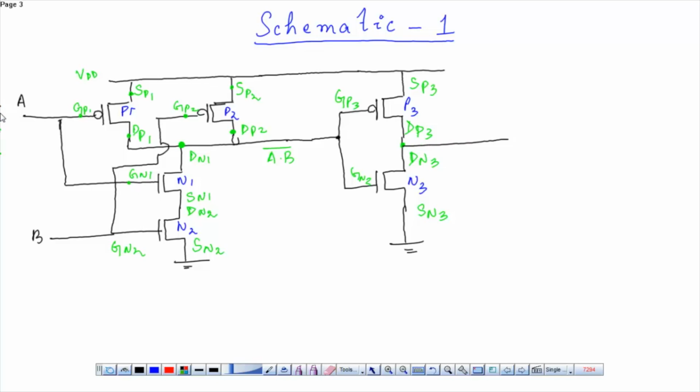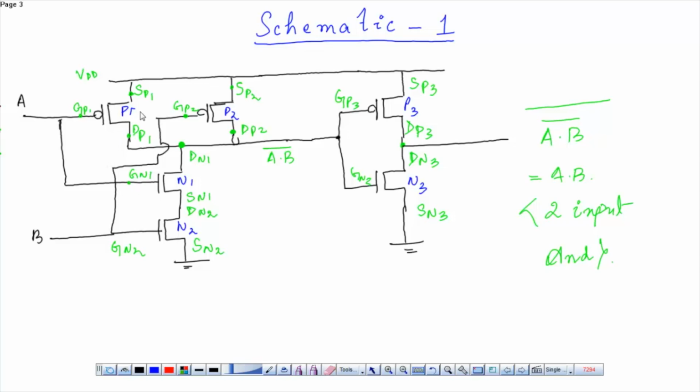Now this is the output terminal. So the obtained output is A dot B bar whole bar, that is equal to A dot B. This is our 2-input AND gate.